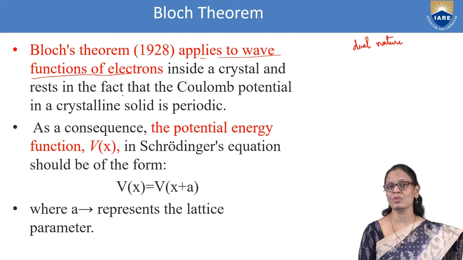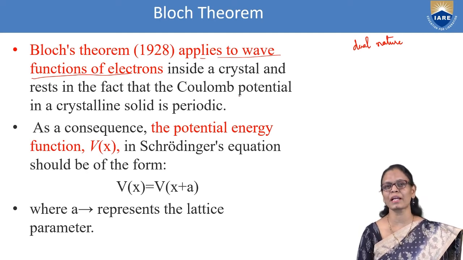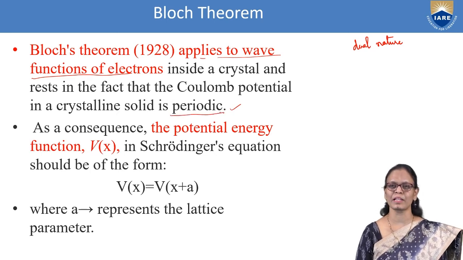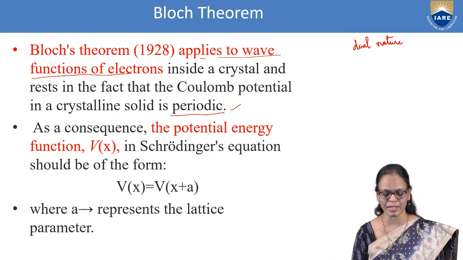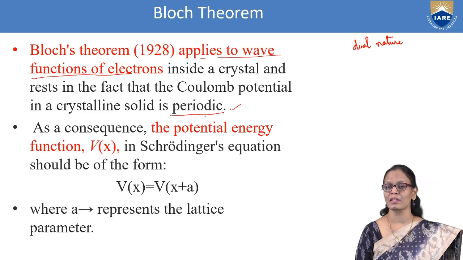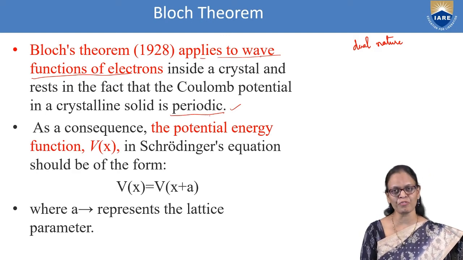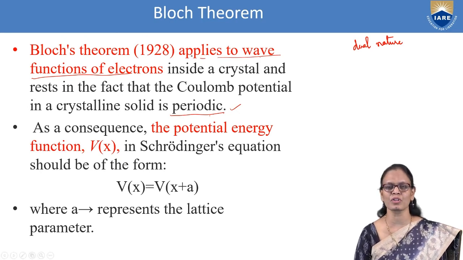And it rests on the fact that the Coulomb potential inside a crystalline solid is periodic. So he started with the concept that the potential is not constant and it is periodic. When it is periodic, how do we incorporate this periodicity into the wave function which we are using to represent the wave nature of the electron?